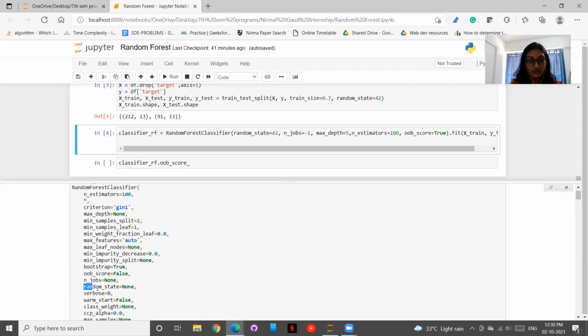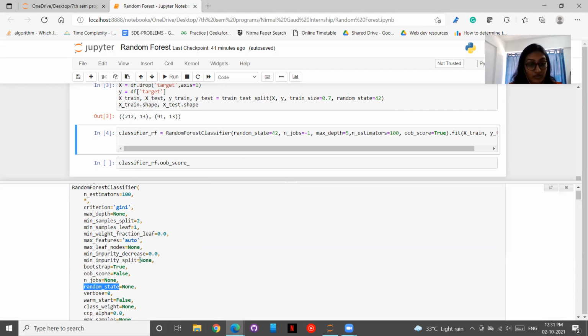Thereafter, we have random_state, which we have set over here to 42. This controls the randomness of the sample. The model will always produce the same result if it has a definite random_state value and has been given the same parameters and the same training data.